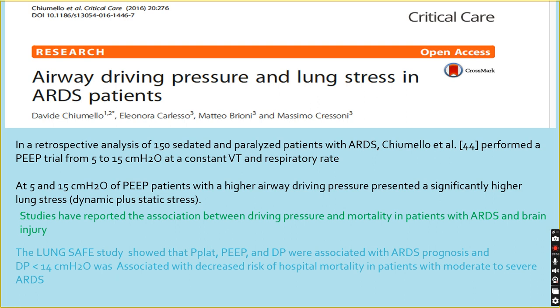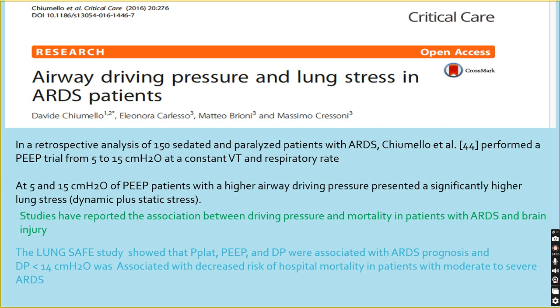So again, this paper talks about the airway driving pressure and lung stress in ARDS patient. At 5 and 15 centimeters of PEEP, patient with higher airway driving pressure presented significant higher lung stress. So if you have higher driving pressure, the lung stress is very high.